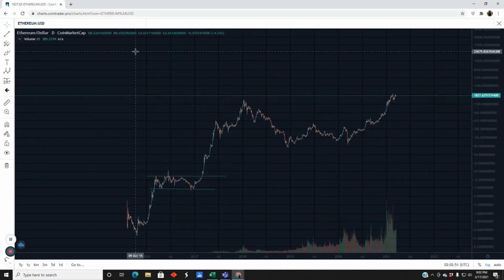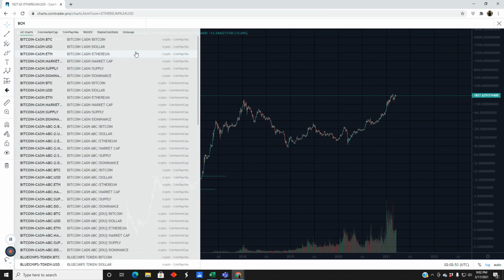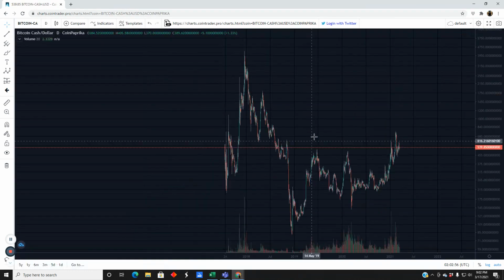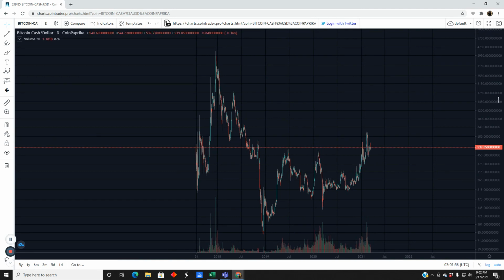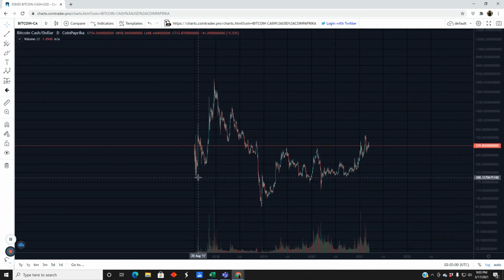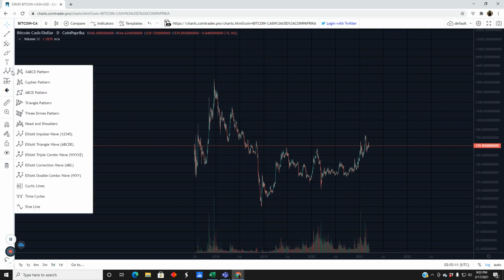Let's look at BCH, Bitcoin Cash to the dollar. Okay, Bitcoin Cash got released at $200 and went all the way up to like $4,500, but it came out at the end of a bull run. So I would expect this to continue.